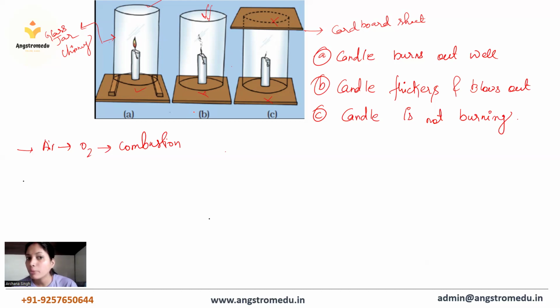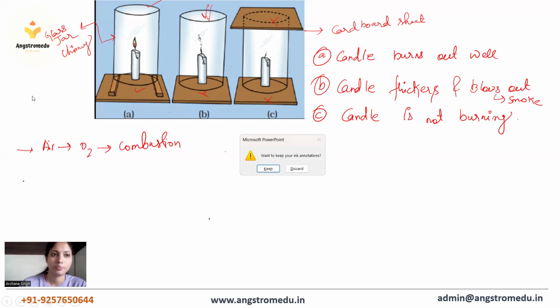If it is not getting the proper oxygen, it will give some smoke. Remember, this is with smoke. It will give some smoke and it will burn off. Now, if you go to the third one, what is going to happen over here?